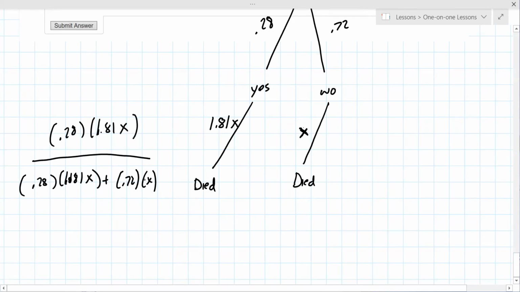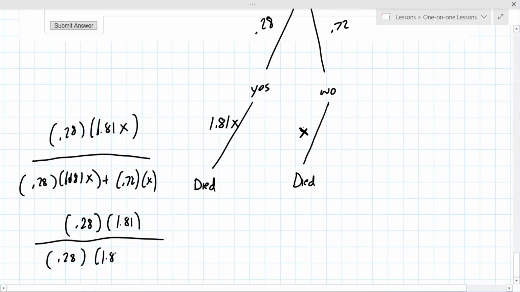Now there's an x in all these, so you can either factor it out or just ignore it. So it becomes 0.28 times 1.81 over 0.28 times 1.81 plus 0.72. Let's try that and see if we can get 0.28 times 1.81.